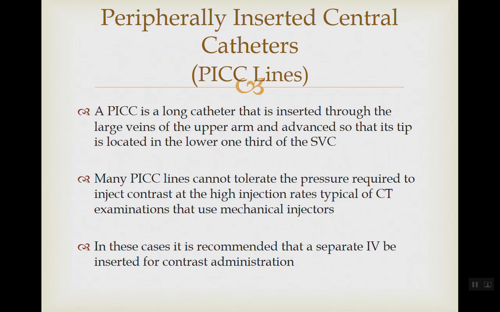So if you're injecting through a central line, a portacath, a PICC line, anything like that, you want to double check and make sure that they're able to be power injected through.